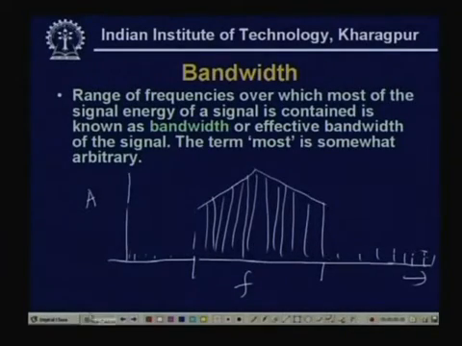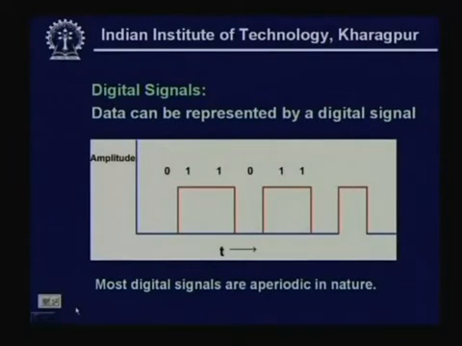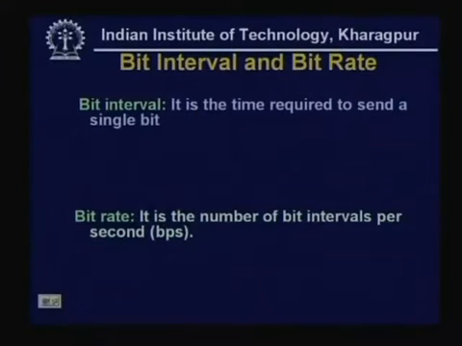Now, in the case of a digital signal, as we have seen, it can be aperiodic in nature. It may not be periodic like the simple analog signal such as a sine wave. In such a case, it can have an infinite number of frequencies.